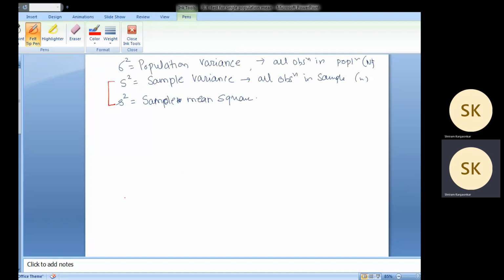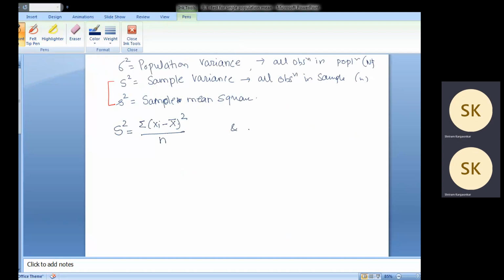Now we have to understand the difference between these two. According to the definition, sample variance is nothing but summation xi minus x bar whole square upon n. And sample mean square is nothing but summation xi minus x bar whole square upon n minus 1. There is one observation less.